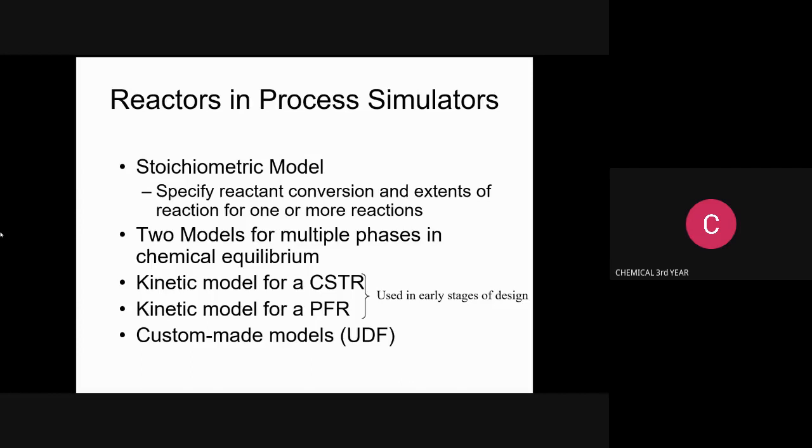There are some models, formulas, or standards used for CSTR and PFR, or custom made models for multi-reactors, where two or more reactors are used: one is a CSTR, another is a PFR, and another is a CSTR. For those reactors, we have to assume some custom models.